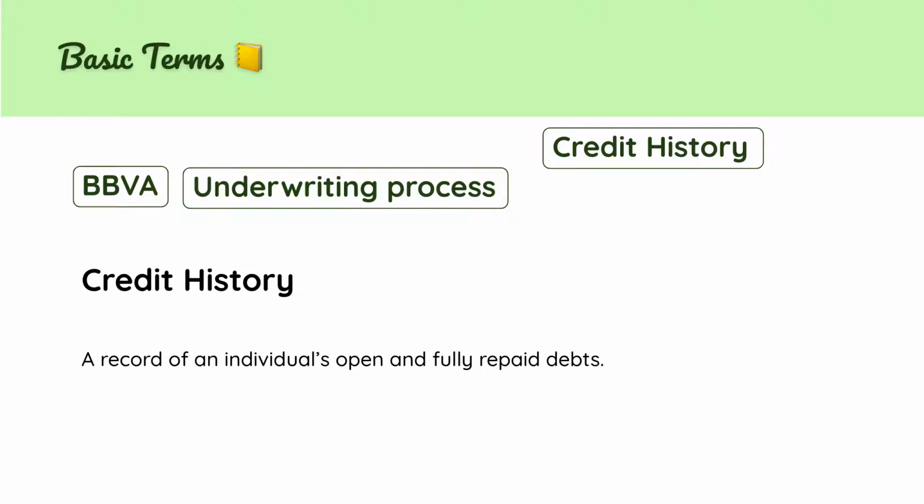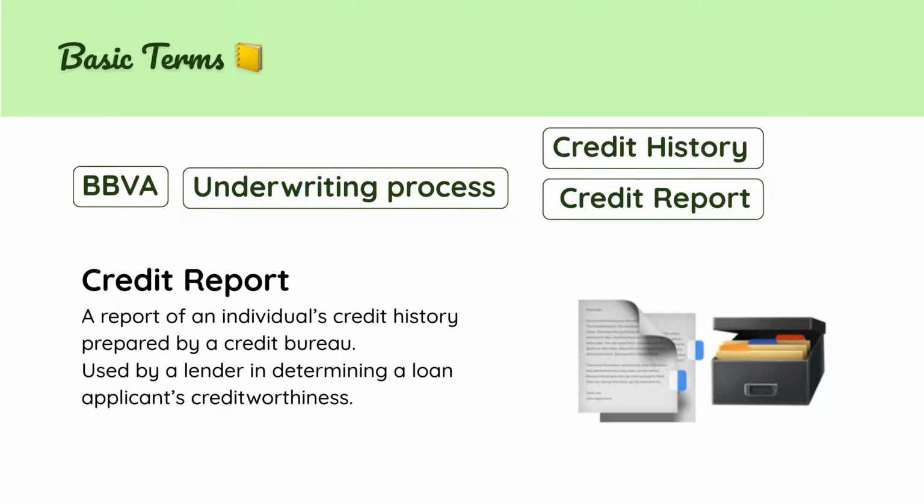Credit history helps the lender to determine whether a potential borrower has a history of repaying debts in a timely manner. With the credit history information, a credit report is created by a credit bureau. This credit report is used by a lender in determining a loan applicant's creditworthiness.